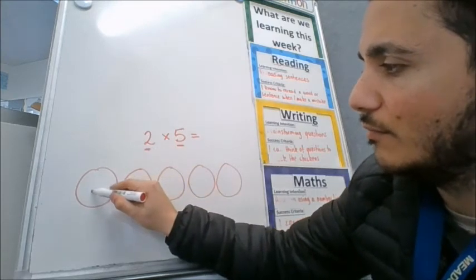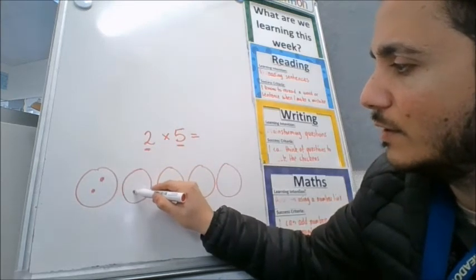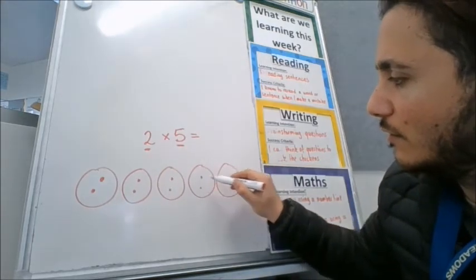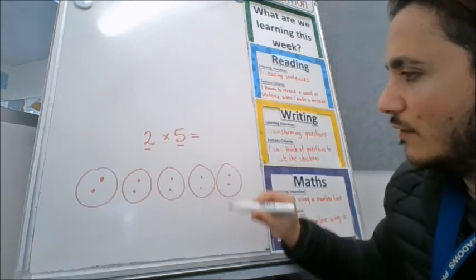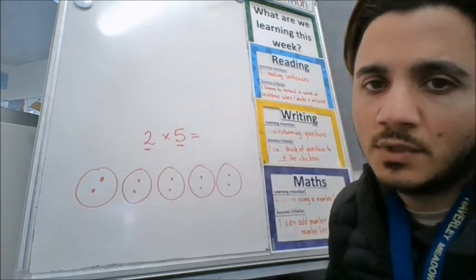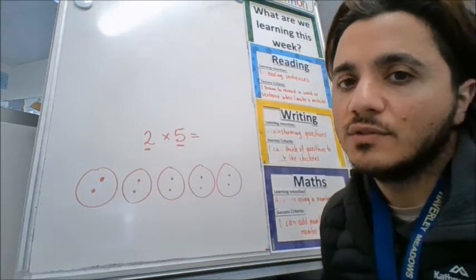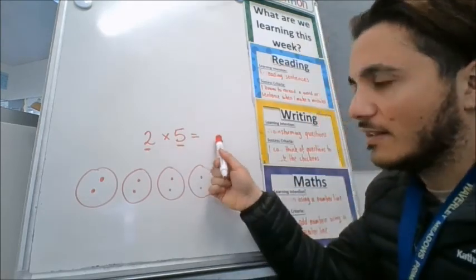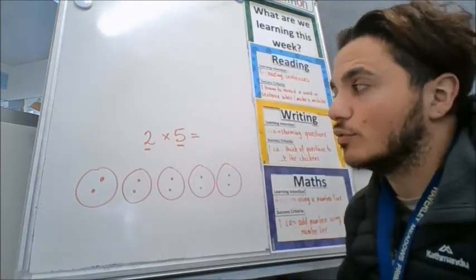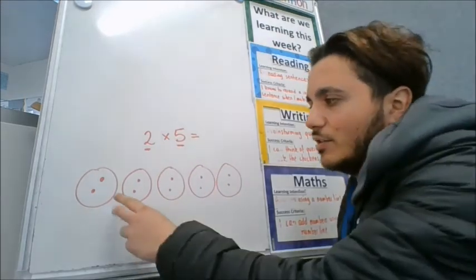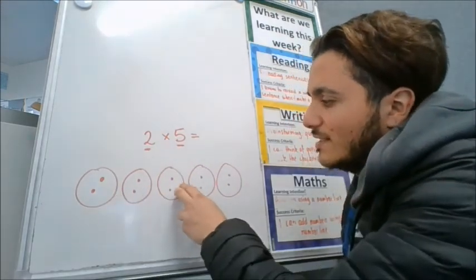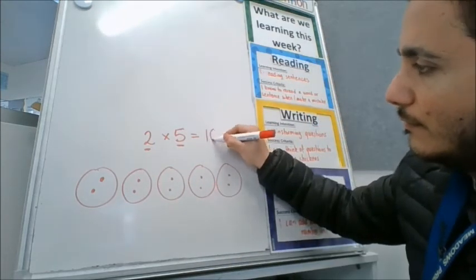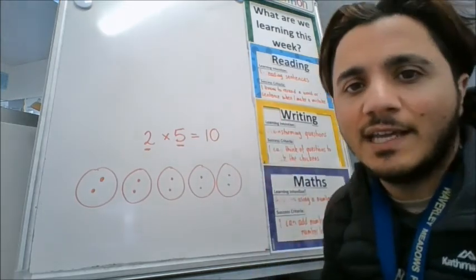I need 2 in each group. 1, 2, 1, 2, 1, 2, 1, 2, 1, 2. I'm pretty sure that you're good at counting by your 2s. So let's count by 2s to add all the dots, because that's going to give us our final answer to what 2 times 5, or 2 multiplied by 5, is. 2, 4, 6, 8, 10. 2 times 5 equals 10.